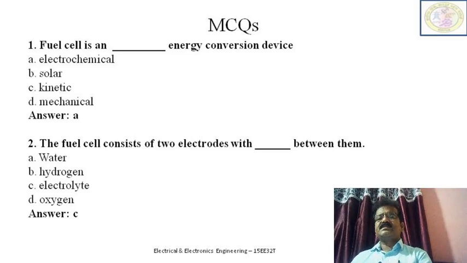The fuel cell consists of two electrodes with an electrolyte between them. The answer is C, electrolyte.